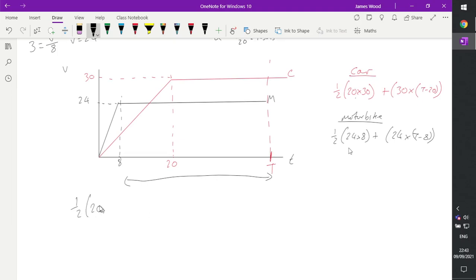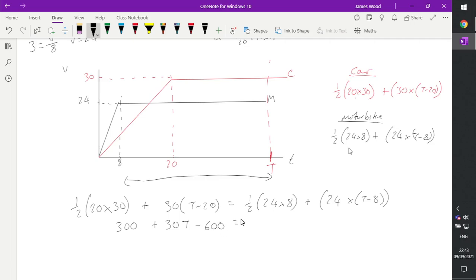So I'm just going to set these statements equal to one another. So I've got the car. I'm going to simplify them in a minute, but I'll write them in full for now. Like that. And now it's just about solving this and simplifying it. So I'm going to work out a few of the number bits. So that'll be 300 plus 30t minus 600.